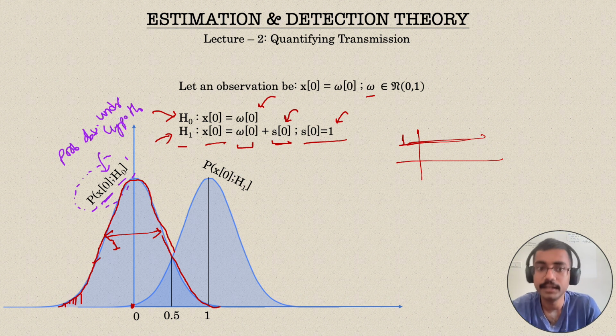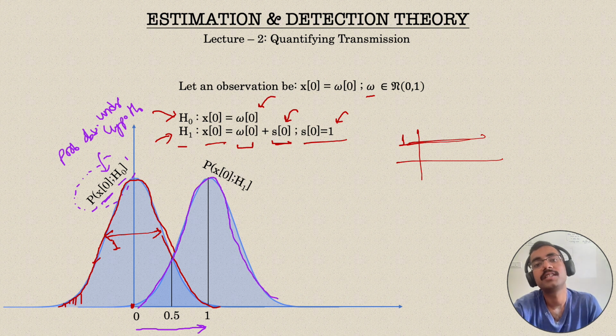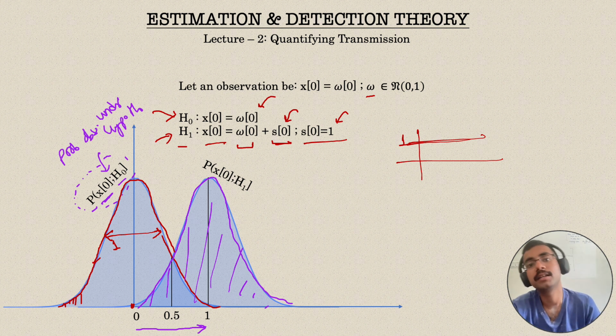Similarly, because we have an amplitude, a shifted observation shifted by 1, our entire distribution is shifted right by one unit, and this is representative of our signal. Because this probability distribution is under the hypothesis H1, it is also a Gaussian one, but shifted by 1.